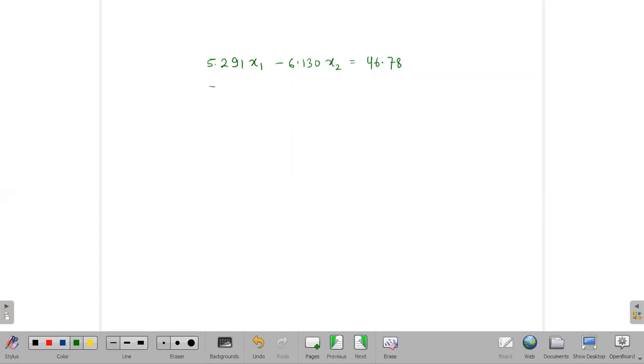Put the value of x2, it is 1 only. 5.291 into x1, then you add these two numbers, you will get 52.91. So x1 will be exactly 10, that is a positive 10. So our x vector will become x1, that is 10, and x2, that is 1.